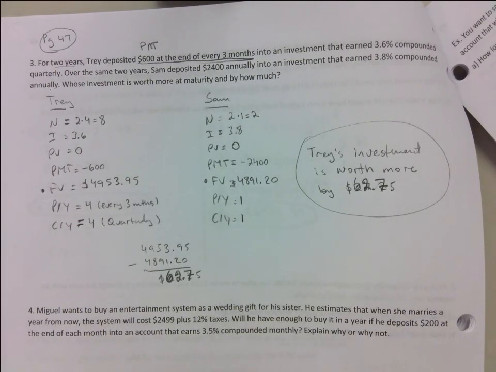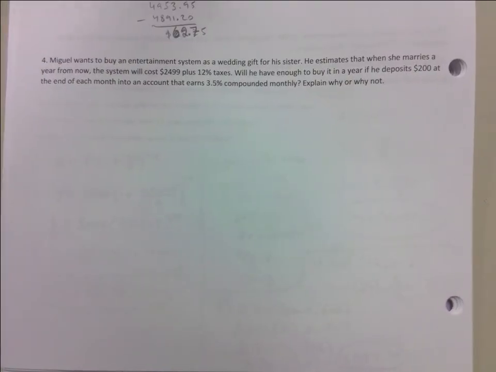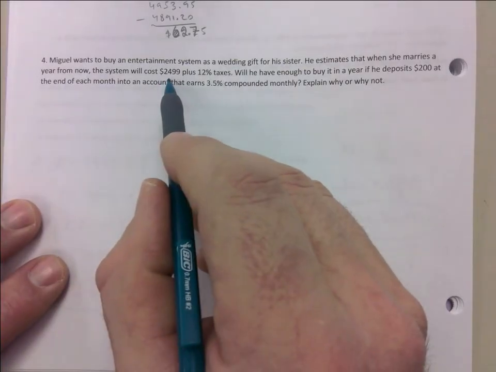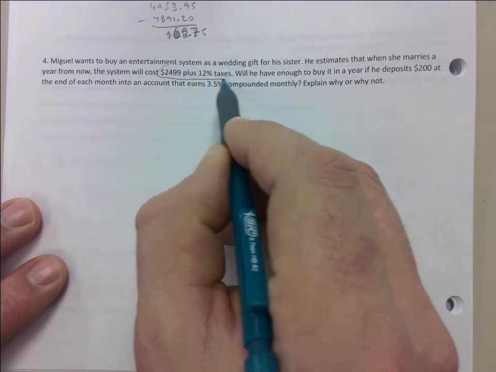Next, let's do question 4. Miguel wants to buy an entertainment system as a wedding gift for his sister. He estimates that when she marries a year from now, this system will cost $2,499 plus 12% tax. So I'm introducing taxes here again.